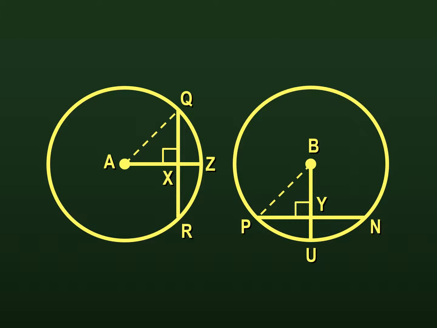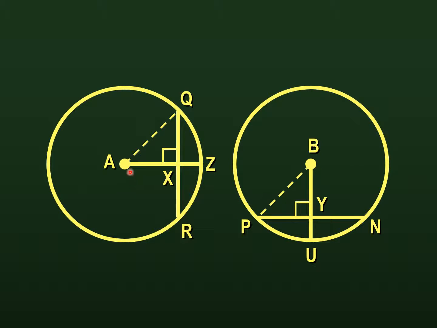So for example, let's say that we know the distance from A to X is the same as the distance from B to Y. So that means that the chords are the same distance away from the center. Then that means that the chord QR is the same measure as the chord PN.